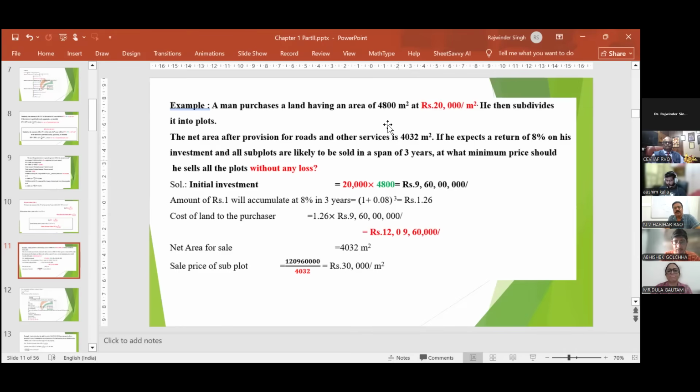He cannot sell 4,800, he can sell only 4,032. So we divide 12 crore 9,60,000 by 4,032. He must sell at 30,000 per square meter so that he may not suffer any loss.